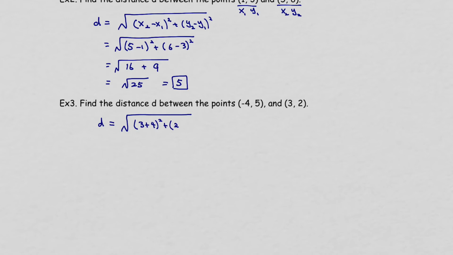And 2 is y2 minus y1 squared. That gives you 3 plus 4 is 7. 7 squared will be 49. 2 minus 3 is negative 3. Squared will be positive 9. Which gives you the square root of 58. This cannot be simplified, so that's your distance.